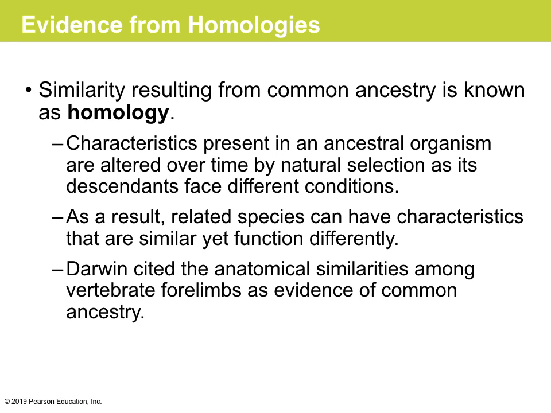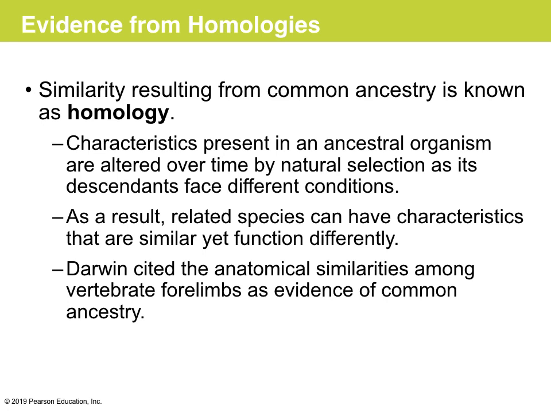So characteristics present in an ancestral organism, again, tweaked over time by natural selection, right? Its descendants are facing different conditions because the world is changing. So as a result, you can have things that are related that have characteristics that are similar but function really differently. And a wonderful example of this is the anatomical similarities among vertebrate forelimbs as evidence of common ancestry.